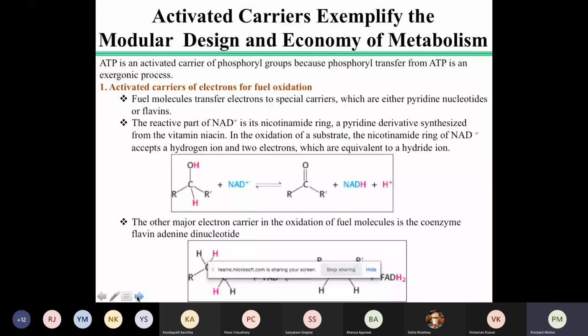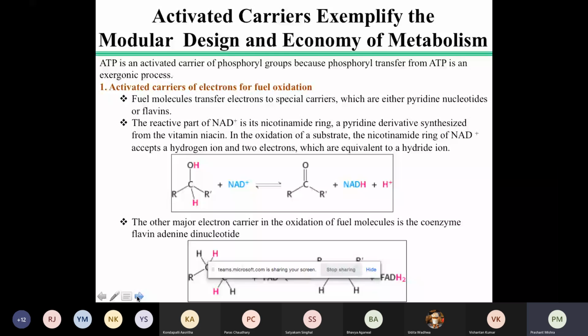Have you heard of this pyridine or flavin? I have written down a reaction which is employing NAD plus, another is FAD. Have you heard of this NAD or FAD? NAD full form is nicotinamide adenine dinucleotide, and FAD is flavin adenine dinucleotide.